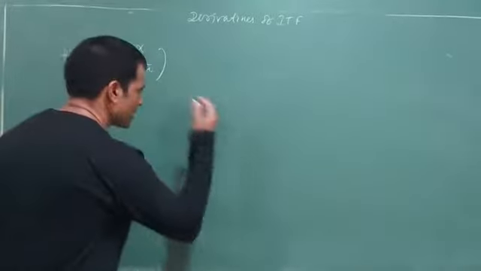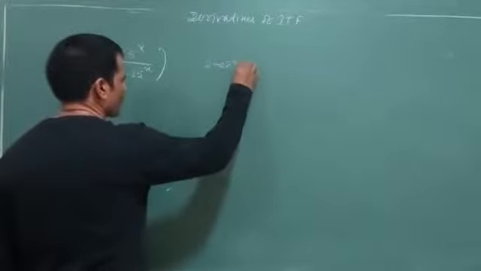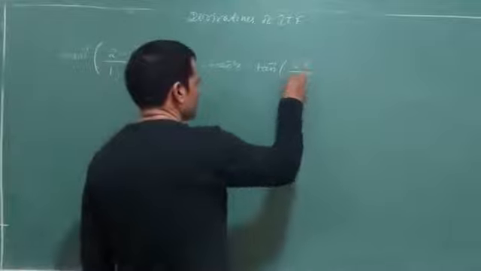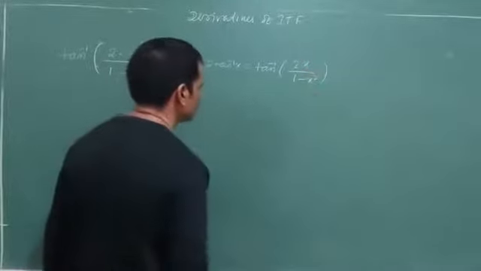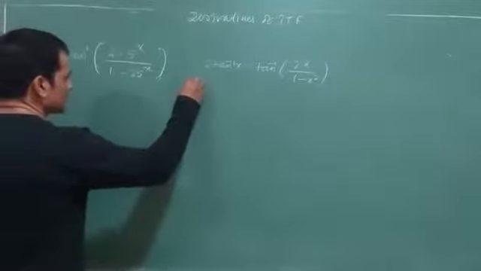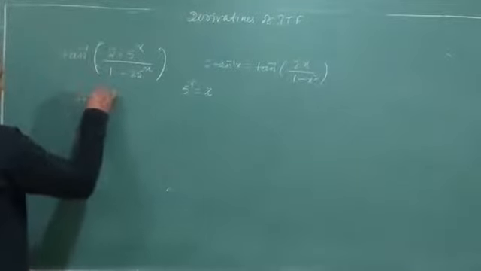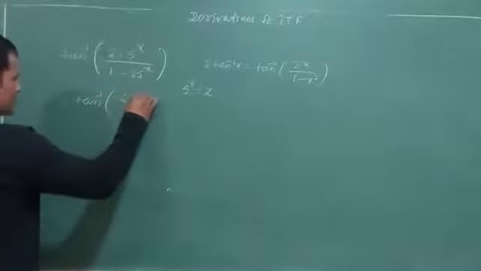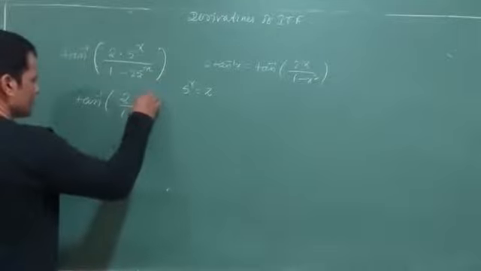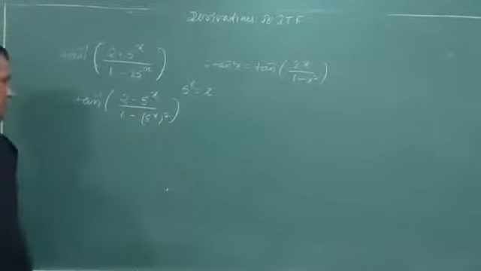Again, which formula will come to my mind? 2 tan inverse x is equal to tan inverse 2x by 1 minus x square. So, if I consider 5 to the power x is equal to z, then I can transform this question in the form of 2 into z by 1 minus z square, because 5 to the power x whole square I can write as 25 to the power x.